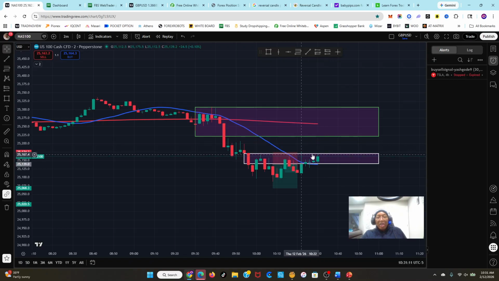It is a really tight spot, and they came back and took us out with this wick right here. This wick here was something else.